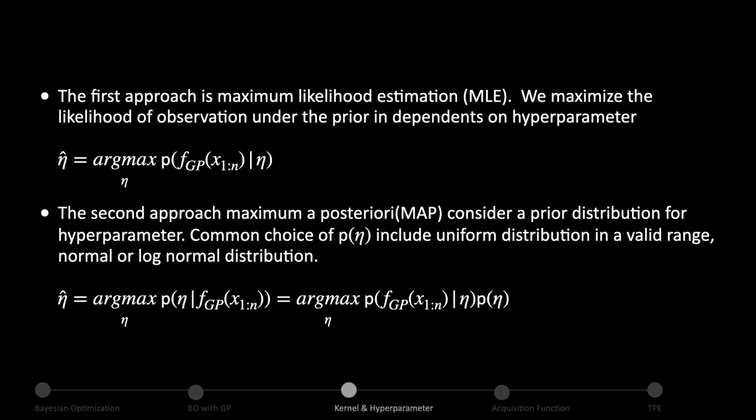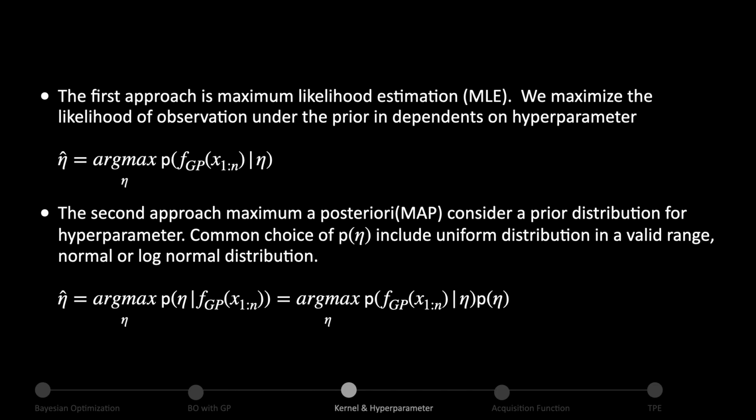The first approach is maximum likelihood estimation, MLE. We maximize the likelihood of observation under the prior independent of the hyperparameters. So the optimized eta hat is the eta that maximizes the probability of FGP of x1 to n given eta. The second approach is maximum a posteriori, MAP.